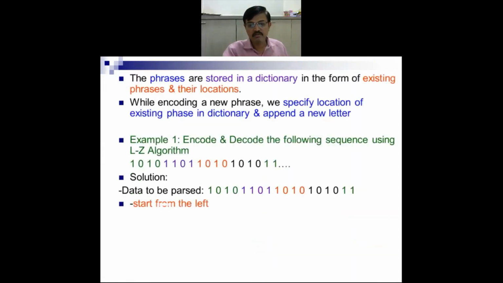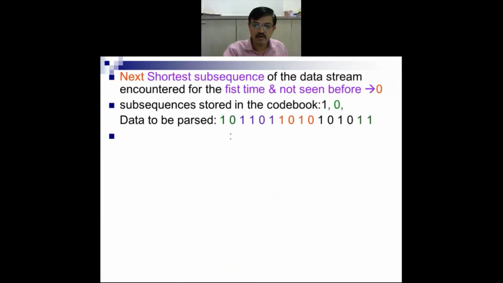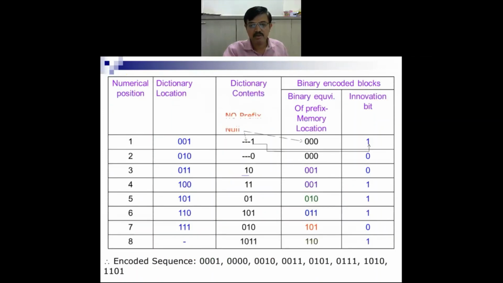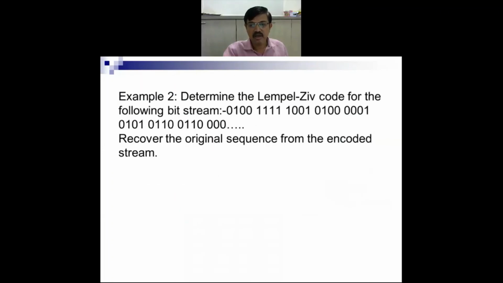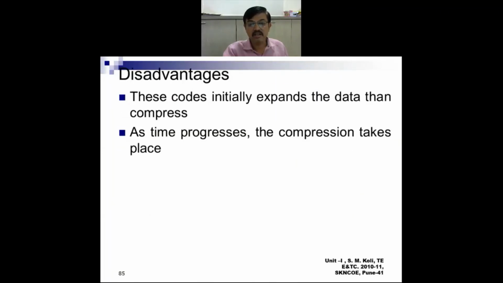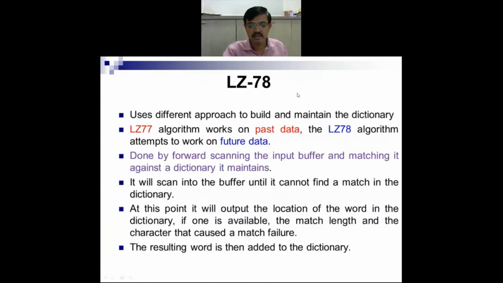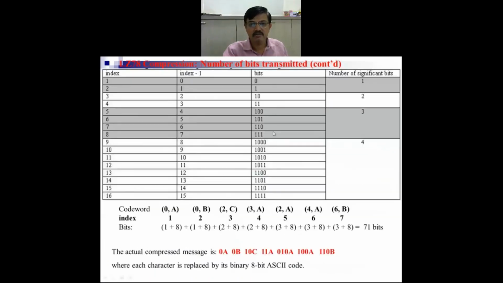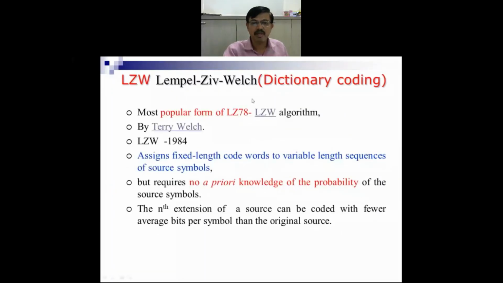Then we shifted from binary data towards sequences of alphabets using the LZ78 algorithm that we covered in today's session. After LZ78, a little modification was carried out by Welch, and we understood another compression algorithm, the Lempel-Ziv-Welch compression algorithm.